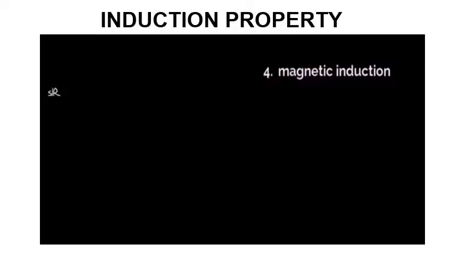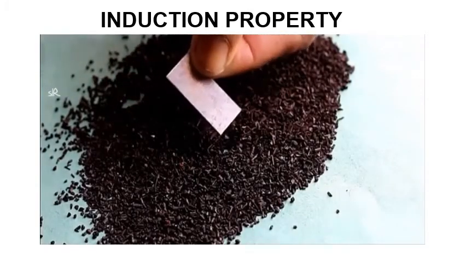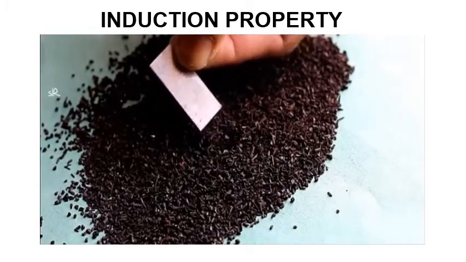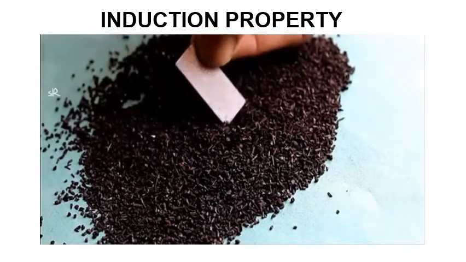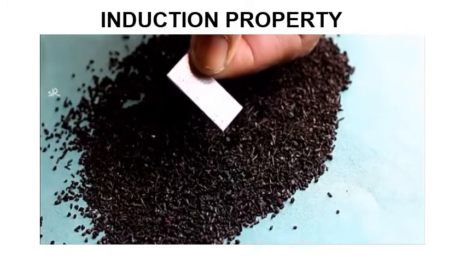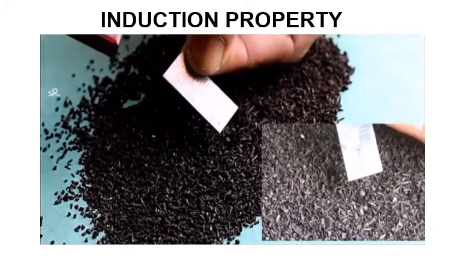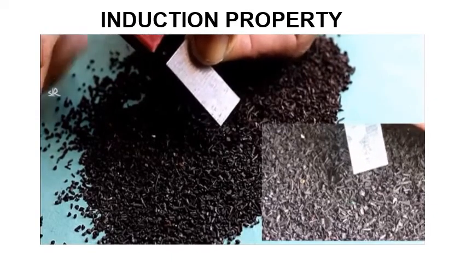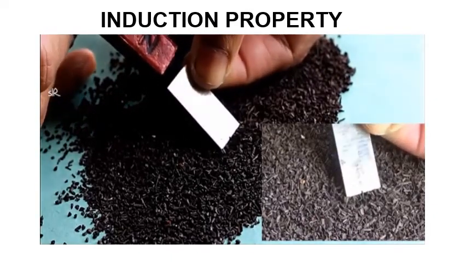Another property of magnets is magnetic induction. In magnetic induction, a magnet induces magnetism in a magnetic material placed near it. In the demonstration above, you see that a magnetic material dipped in magnetic substances does nothing.